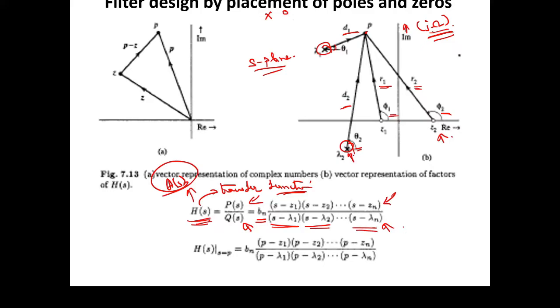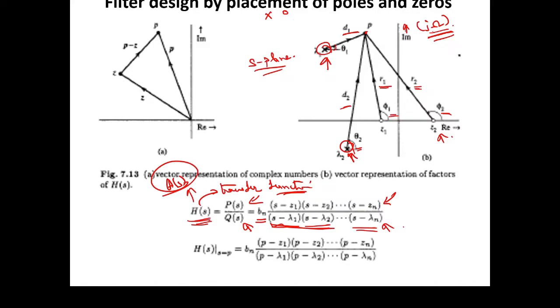Here we have shown only two poles and two zeros. So you can consider s minus lambda 1, s minus lambda 2, and in the numerator s minus z1, s minus z2, up to s minus zn. In both cases we have polynomials.